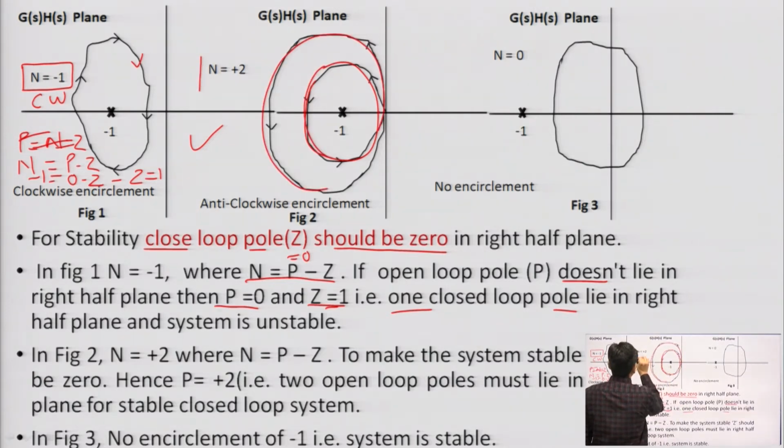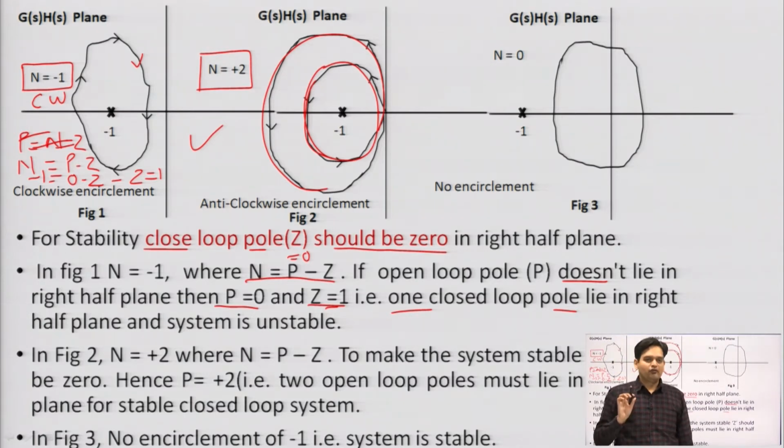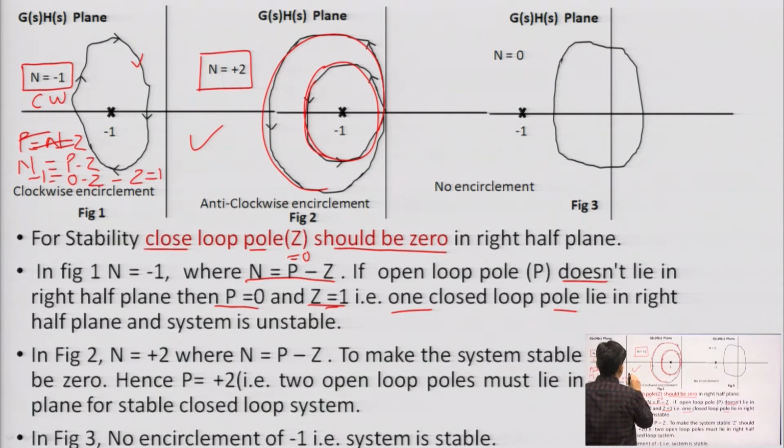So, here N is +2 because we are moving in the anti-clockwise direction. Always remember, whenever we are moving anti-clockwise, the sign is plus. So, N is +2, and from the formula N equal to P minus Z, assuming the open loop pole count P is 0, we get a Z value equal to 2.